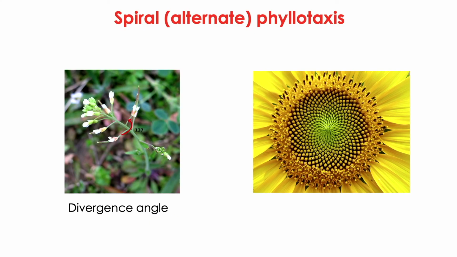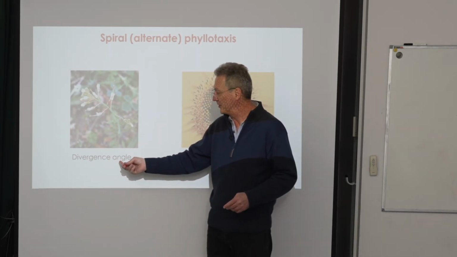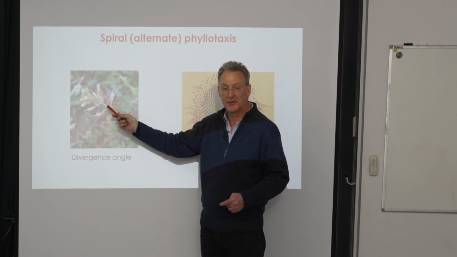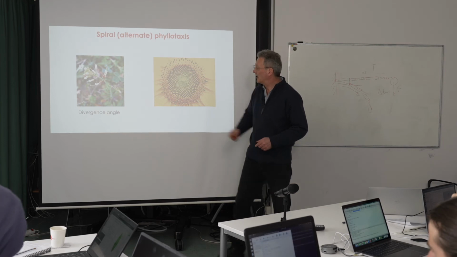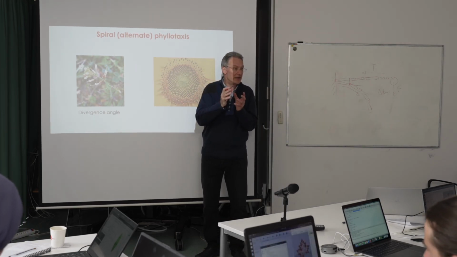What you need to know in terms of vocabulary, I remind you, I think we spoke of this yesterday: the angle between two consecutive organs on a plant is called the divergence angle. On an elongated stem, it is very clear to see the angle.